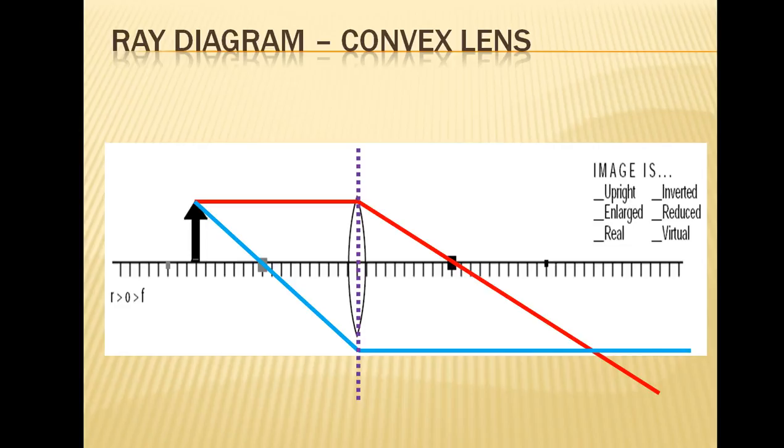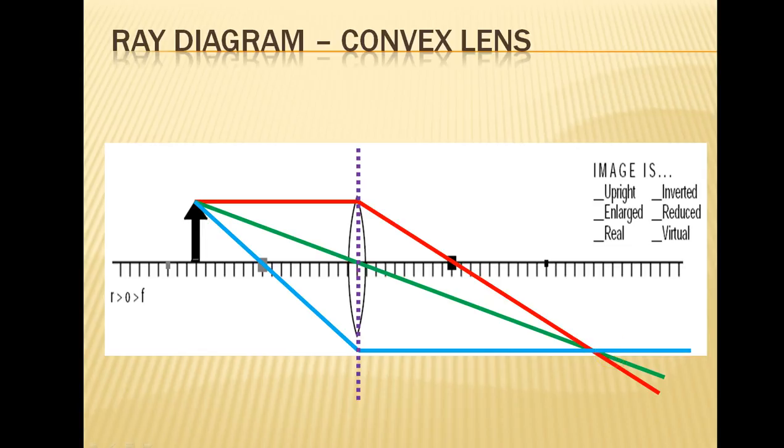The third ray is straight through the center. When I say the center, I mean from the top of the arrow to the center of the lens and passing straight through. Now, if you've drawn your ray diagram very carefully, all three of those will intersect in one spot. If you do not draw them carefully, or if you mess up one of the rules, you'll get this kind of Bermuda triangle thing here, and that tells you that you made a mistake. So that's why we do all three rays here.